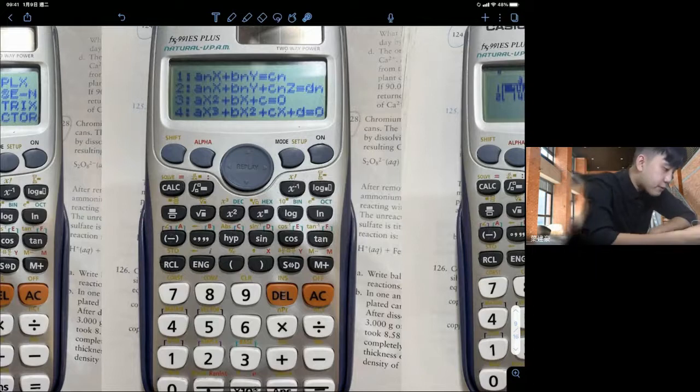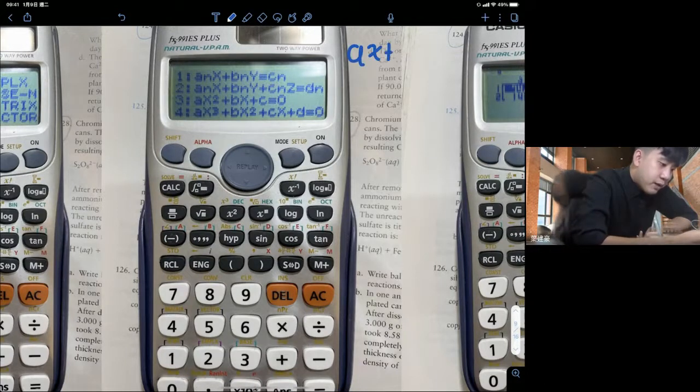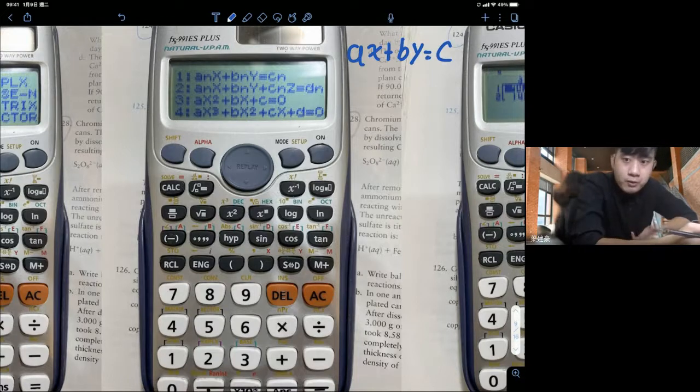For example, the first one is an equation with 2 unknown numbers, x and y. Notice the form of this equation is ax plus by equals c, so you have to follow this when typing into the calculator.